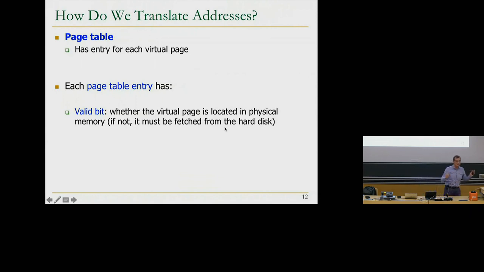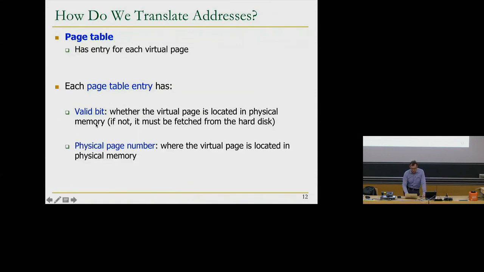Of course, it's a simplistic view. There's also allocated or not allocated that I just told you, but we're not going to go into a lot of detail. And it also has a physical page number. If the page table entry is valid, it must be in physical memory. Then the physical page number specifies where the virtual page is located in physical memory, which physical page.